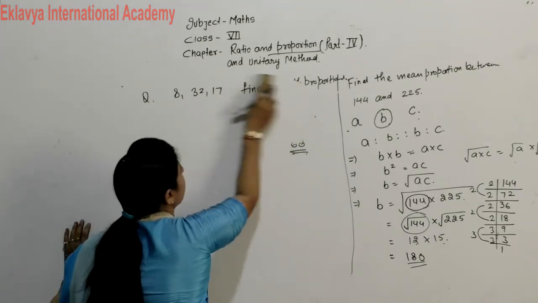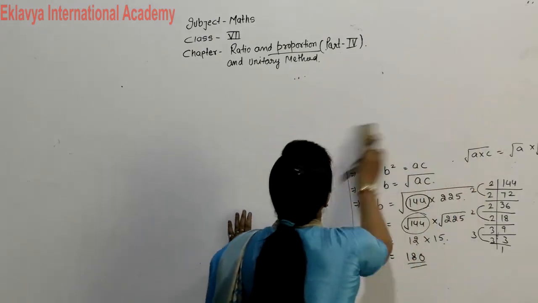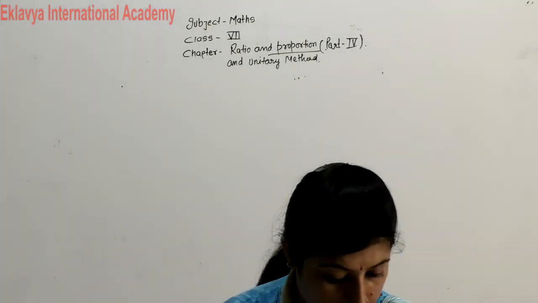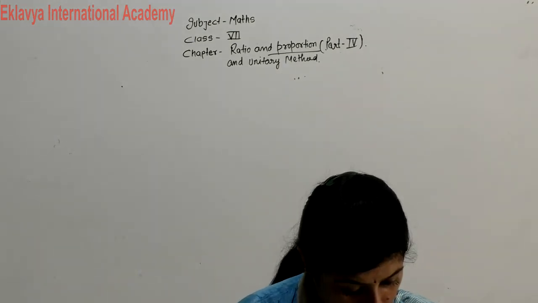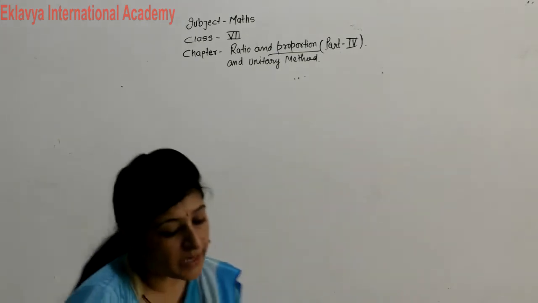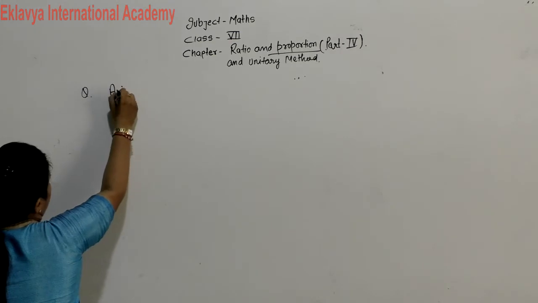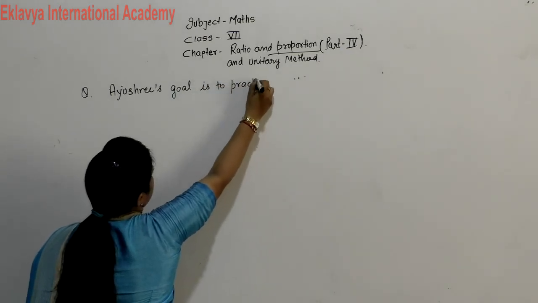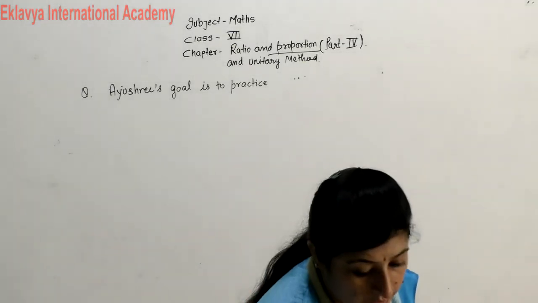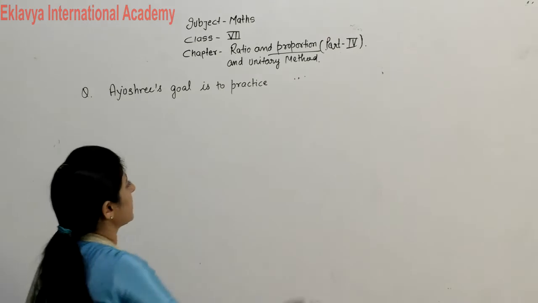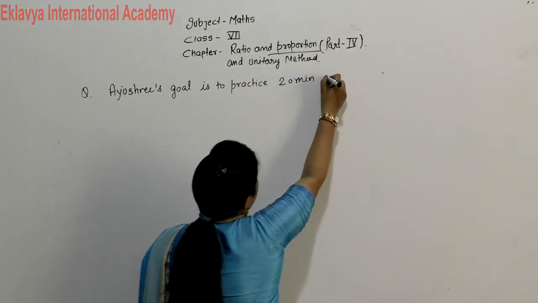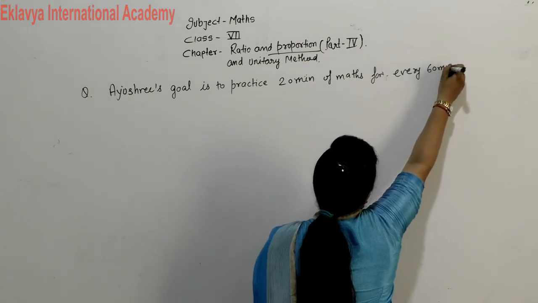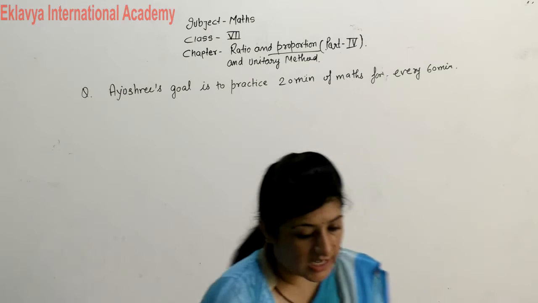Okay, now we will discuss some word problems. Ayushri's goal is to practice 20 minutes of math for every 60 minutes of class time.